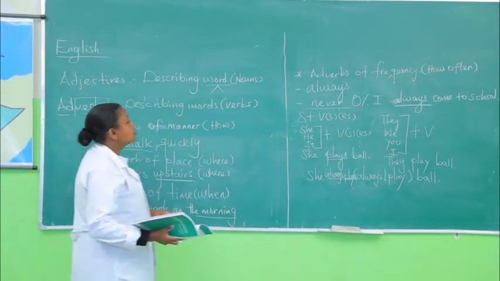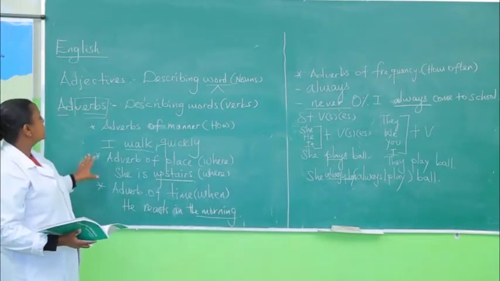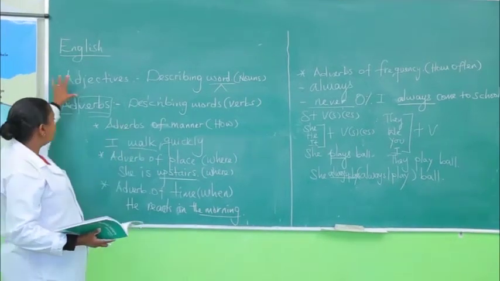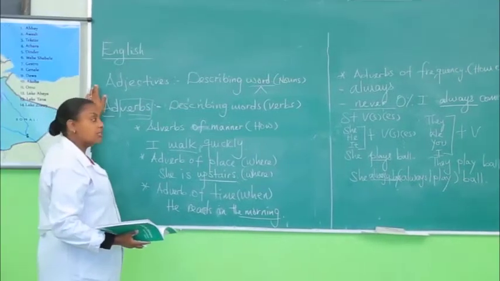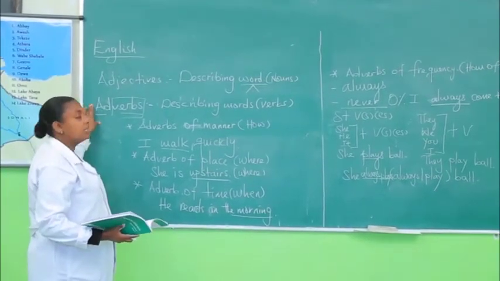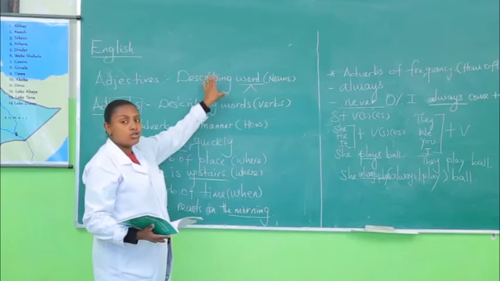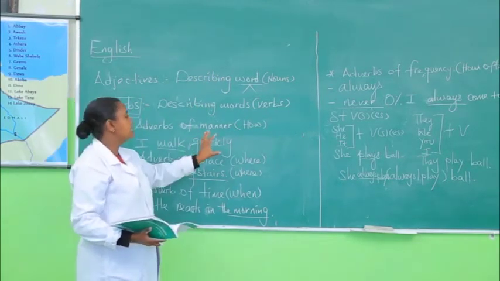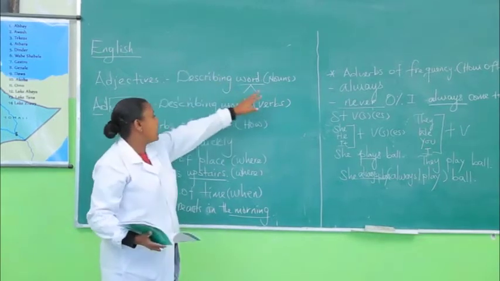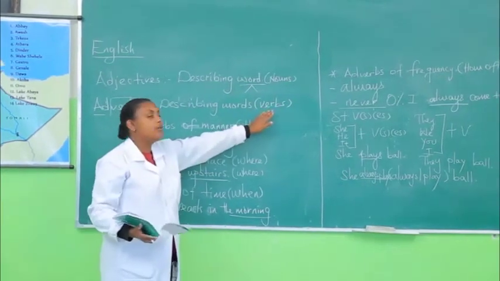Okay, students. So today we have seen two points here, adjectives and adverbs. What is the difference between adjectives and adverbs? We have seen both of them are describing words, but what they describe is different. Adjectives describe nouns, adverbs describe verbs.